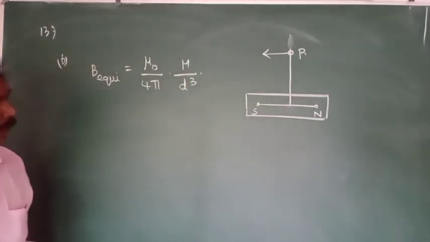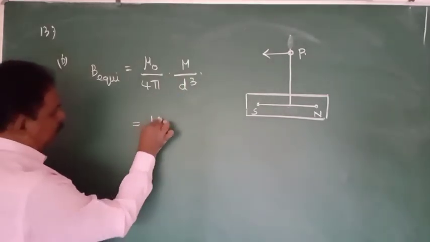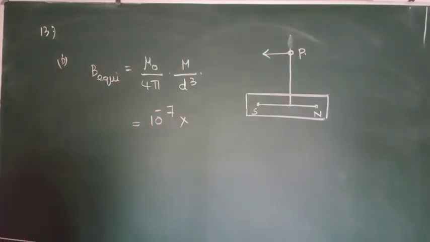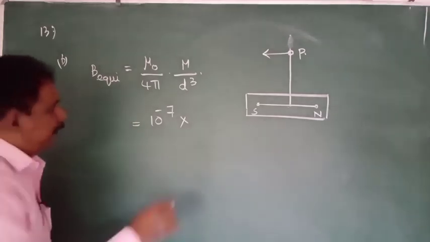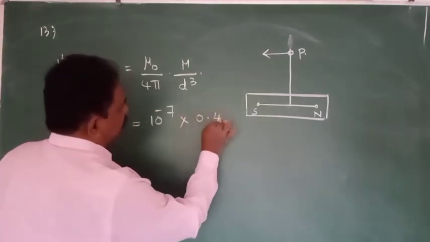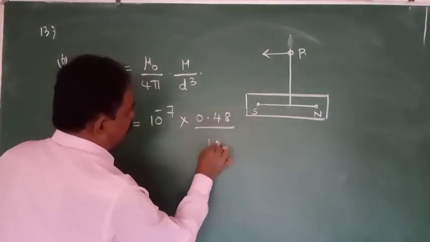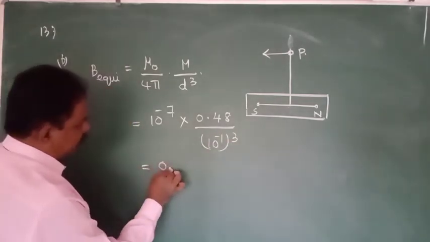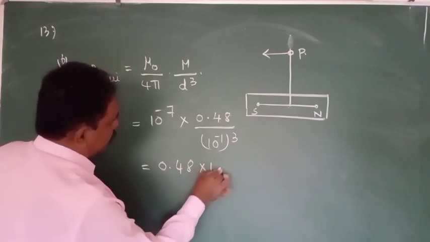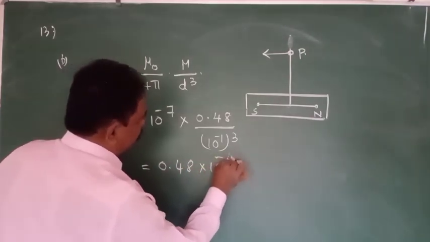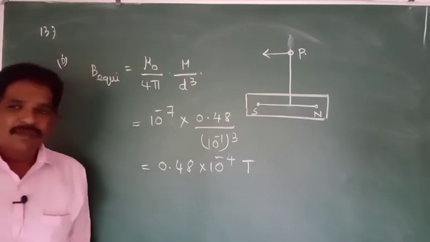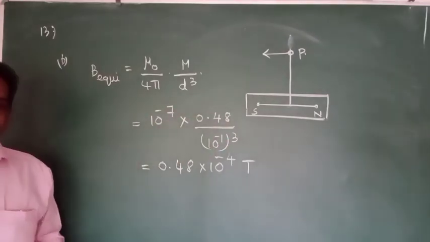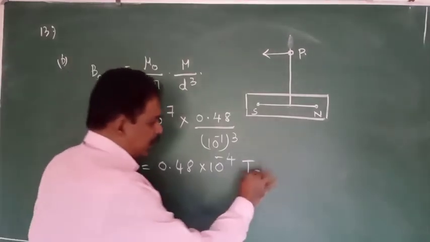Mu naught by 4 pi means 10 power minus 7. M value they gave as 0.48 and d value they gave as 10 power minus 1 whole cube. So 0.48 into 10 power minus 4 Tesla, or 4.8 into 10 power minus 5 Tesla. You can write it like that also.